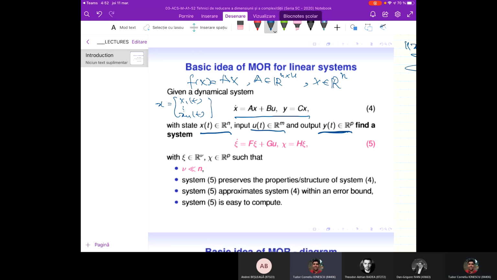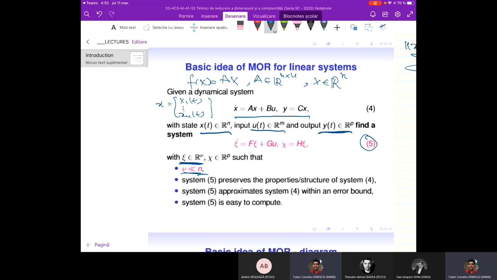Find an object of type number 5 of dimension nu, the Greek letter as well, such that the requirements are similar. Nu is much smaller than n, so the dimension of the reduced order model is much smaller than the dimension of the given dynamics.